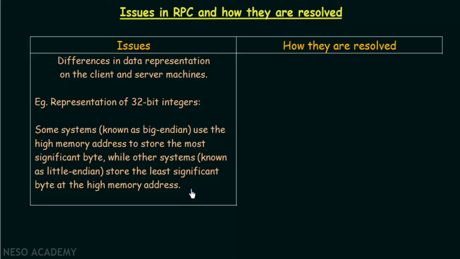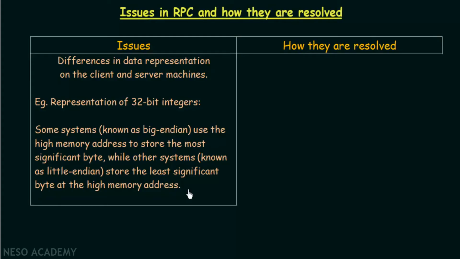So though both systems are having a 32-bit integer pattern, the way they represent it is different. In the Big Endian systems, the high memory address stores the most significant byte, while in Little Endian systems, the least significant byte is stored at the high memory addresses. So the way the data is represented becomes different.